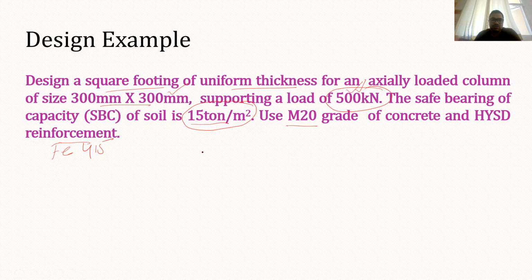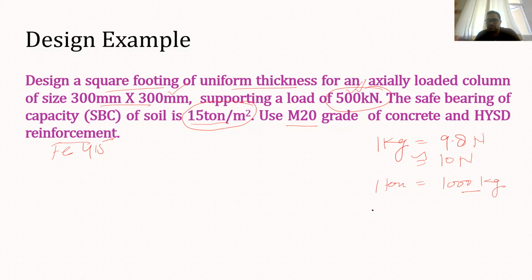To convert 15 ton into kilonewton, first we need to understand the unit conversion. We know that 1 kg is equal to 9.8 Newton, and in engineering calculation, sometimes we take it approximately equal to 10 Newton. We also know that 1 ton is equal to 1000 kg.